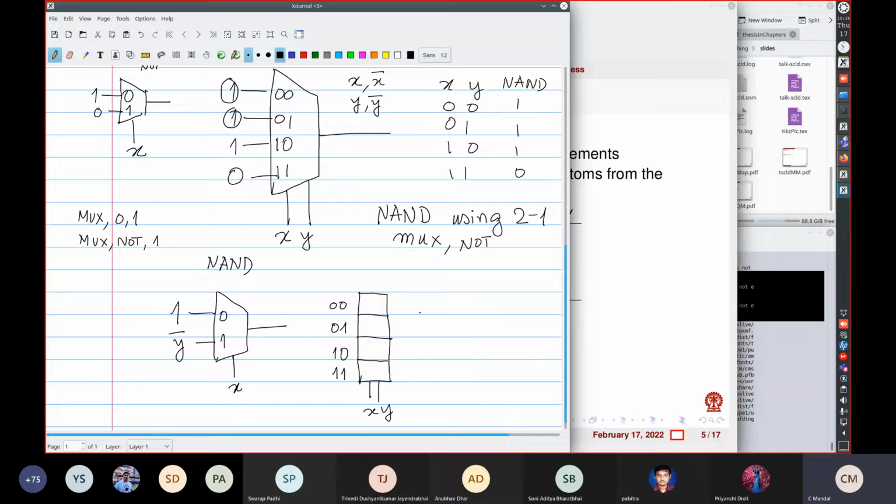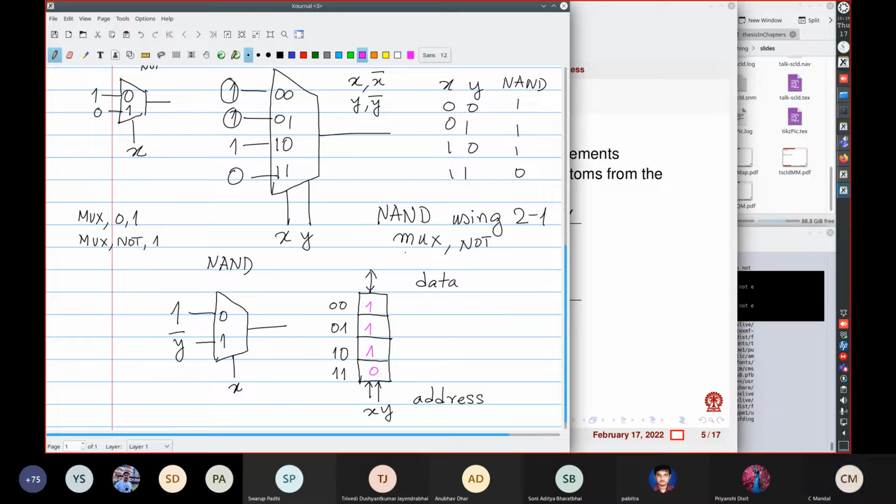So what does random access memory do? Whatever is stored at an address, that you will get as output. So this is your address, and this is your data. Of course, random access means data is really two-way, but now consider the NAND. What you want here is 1, 1, 1, 0.